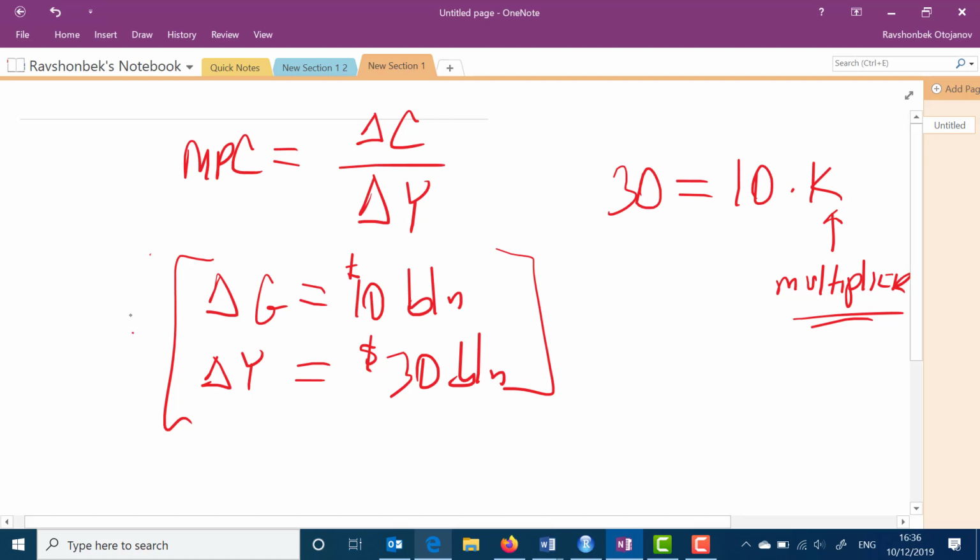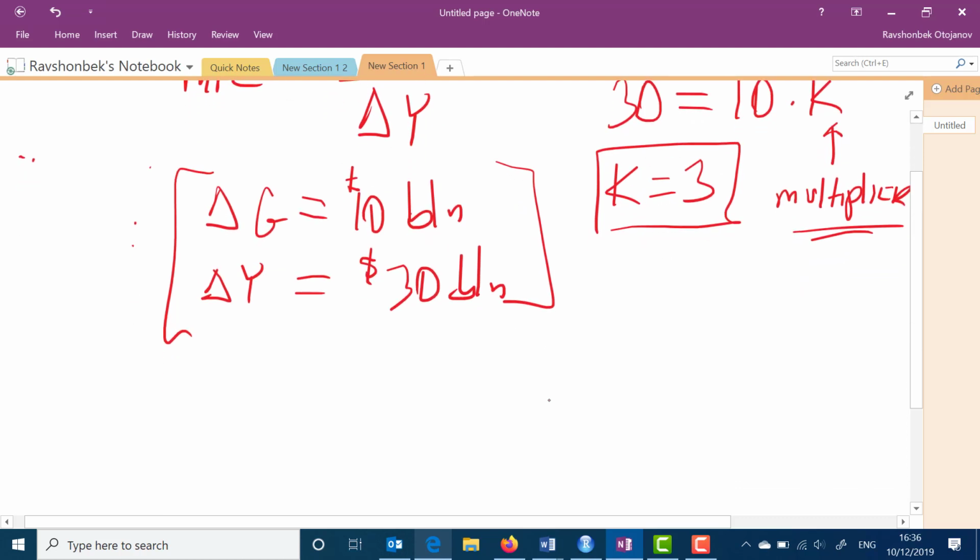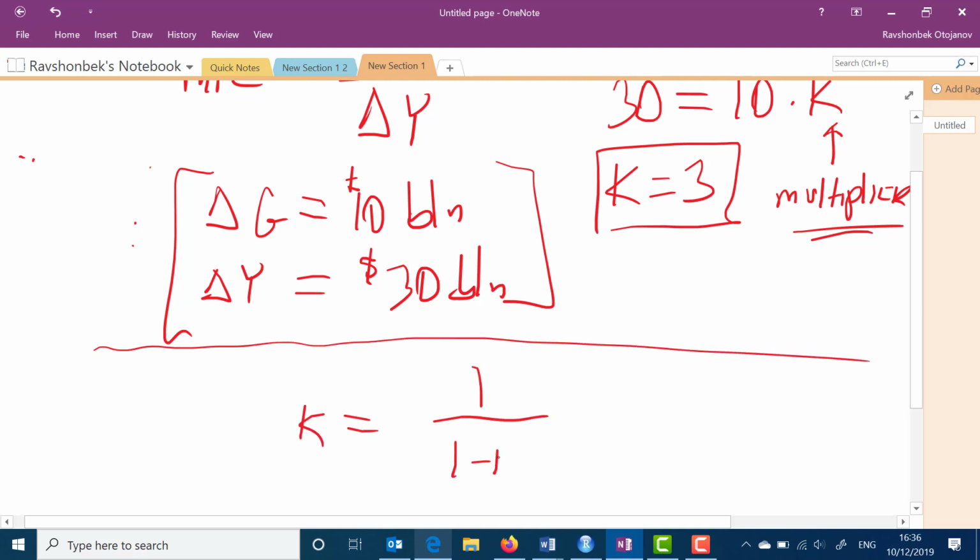Now, using this, we can work out the K. K is basically 3. Makes sense? And there's another way of calculating this K. That is K equals 1 over 1 minus MPC. Now, I know the K, I can work out what the MPC is.